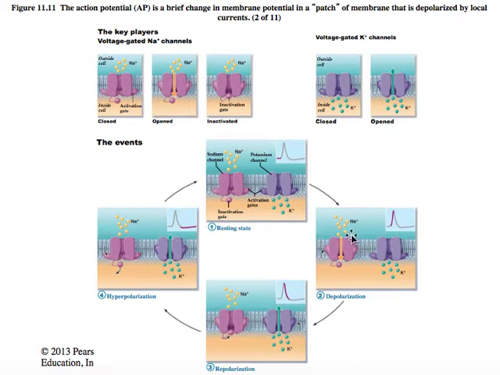So when the membrane potential changed, it caused this all-important voltage-gated sodium channel to open, and sodium began to flow into the cell. That starts the whole ball rolling.